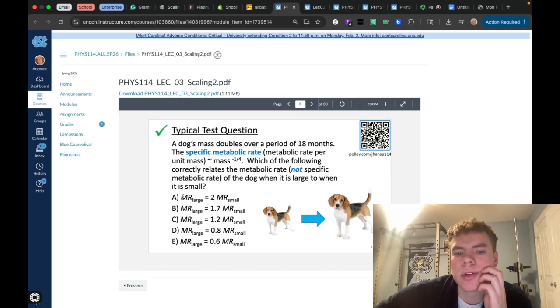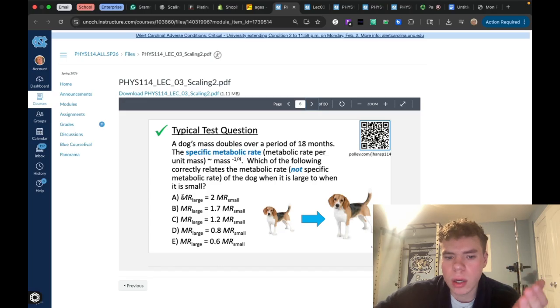But I'm still kind of confused on how to figure out how we get there. We know that if the size of the dog doubles, mass is a unit of size cubed.